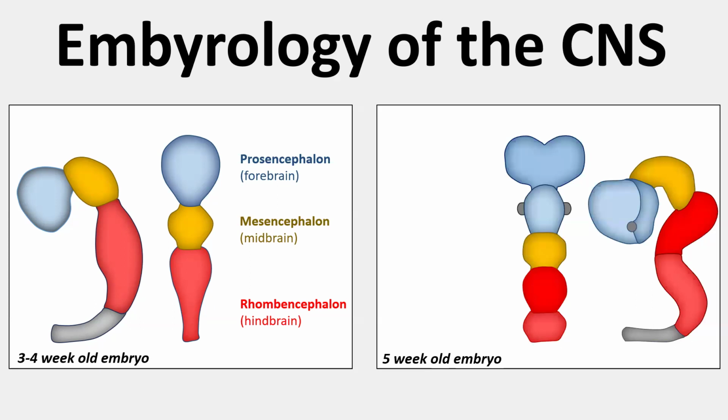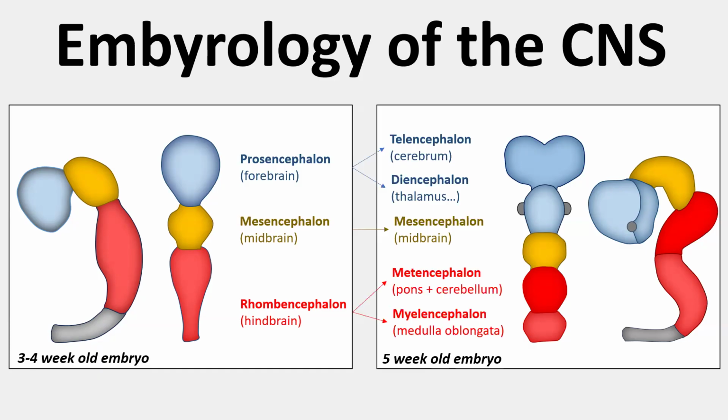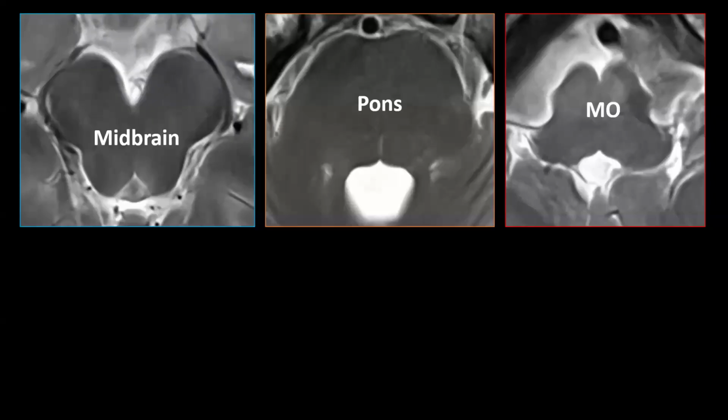The prosencephalon has split into a telencephalon, which will become the cerebrum, and a diencephalon, which will give rise to the thalamus, hypothalamus, epithalamus, but also the optic nerves. The mesencephalon does not split in half. It remains the mesencephalon, or future midbrain, and we have the rhombencephalon that divides in the metencephalon, which will become the pons and the cerebellum, and the myelencephalon, which will turn into the medulla oblongata. So okay, that's an embryological explanation for the subdivision of the brainstem in three parts.